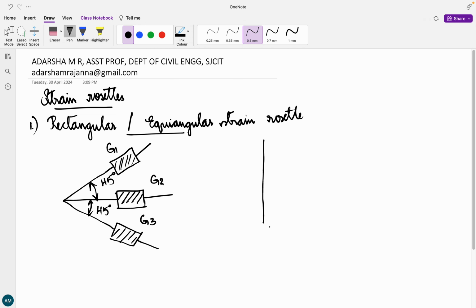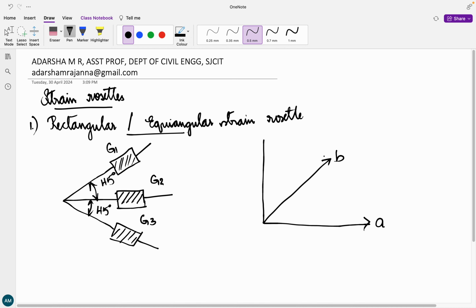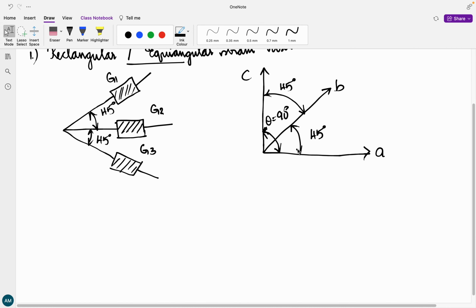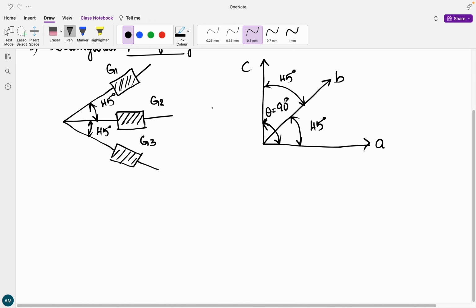It can be represented as A, B, C. 3 strain gauges. The total angle is 90 degrees, right? So individual angle is going to be 45 degrees. This is 45, this is 45.